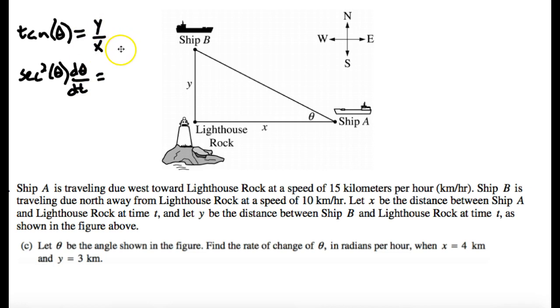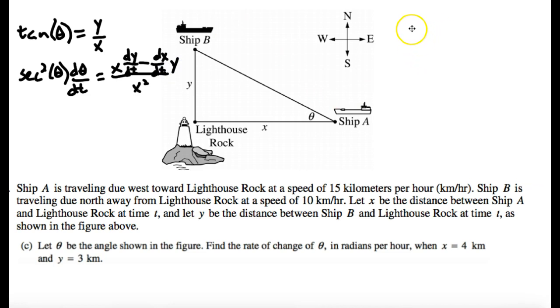Now over here, we'll have to use quotient rule. So when I do quotient rule, I'll have x squared on the bottom, bring that x straight up, times the derivative of the numerator. Well, that'll be dy dt minus the derivative of the denominator, dx dt, times y. So now we have to come over here and figure out what all we know.